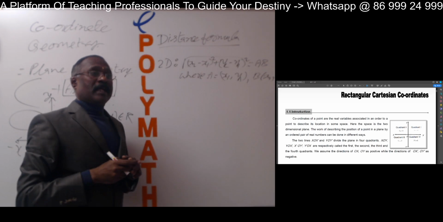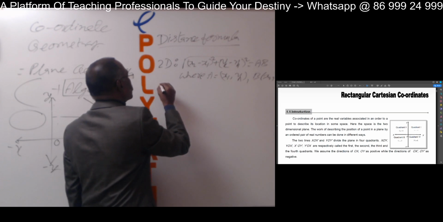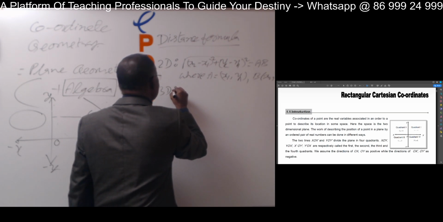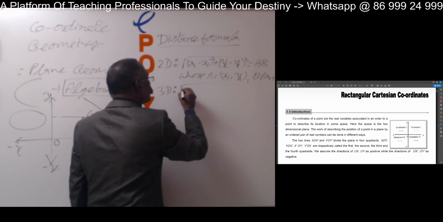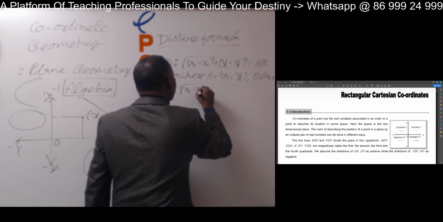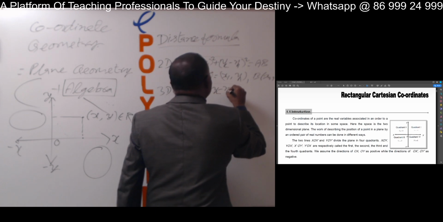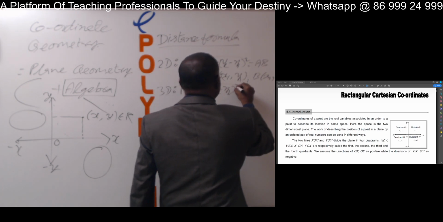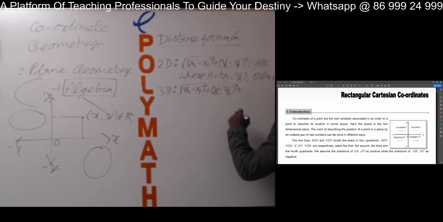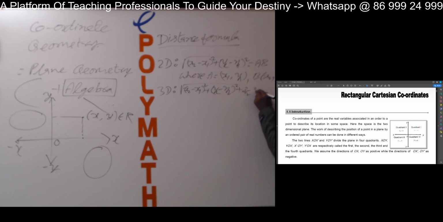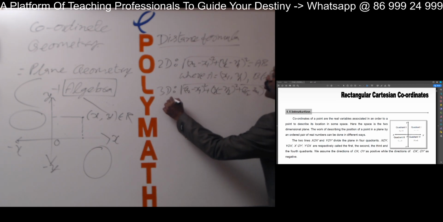Now what I'd like to tell you here: in 2D this is the formula, and in 3D also the same formula, only the z coordinate is extra added in three-dimensional geometry.